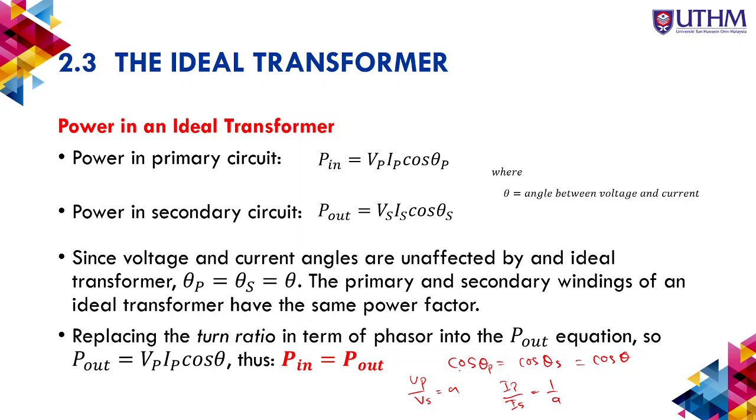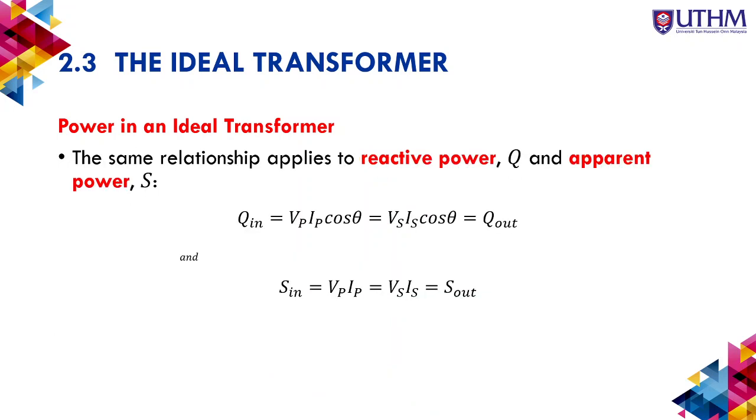We just replace these, and we will get the equation P in equals P out. The same goes for the other powers, which are the reactive power and the apparent power.